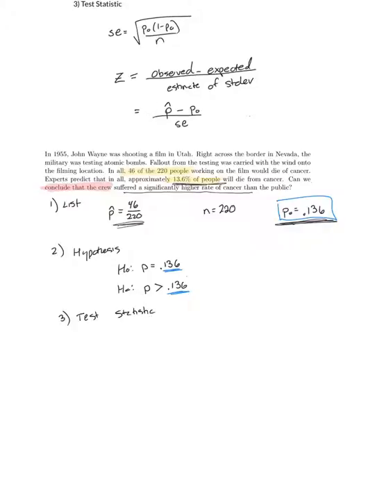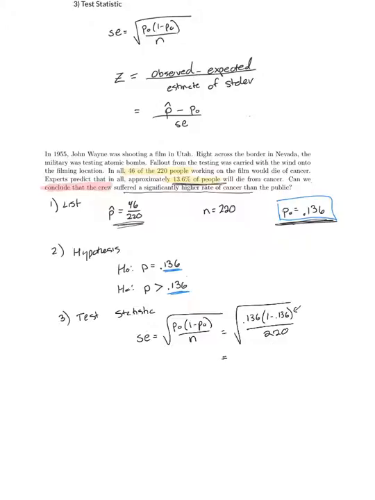When I go to calculate, the first thing I'm going to do is calculate SE, which is the square root of p naught times 1 minus p naught, all over n. In this case, that'll be 0.136 times 1 minus 0.136, all over 220. Now once again, if you're sketchy with your calculator, simplify this first.